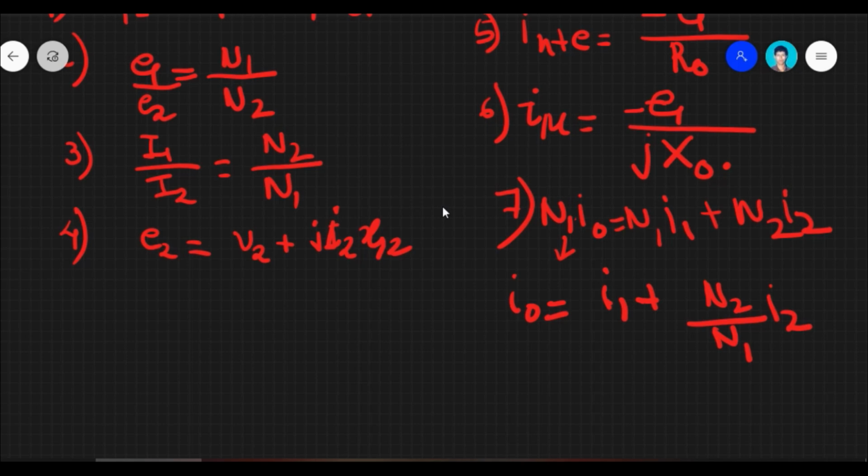Now, in case of a transformer operating with certain load, you can measure the load current. That means you can measure it, this is our load current. And I naught is a constant current for constant supply.